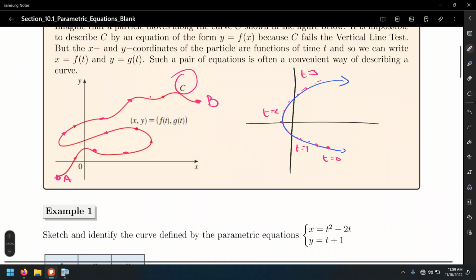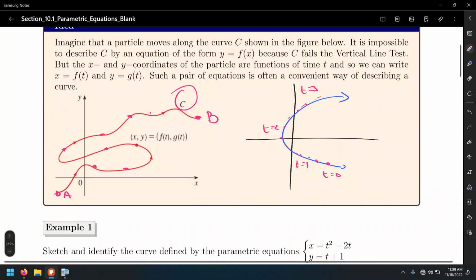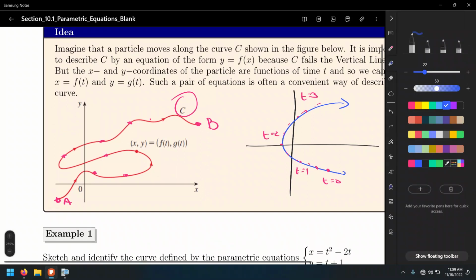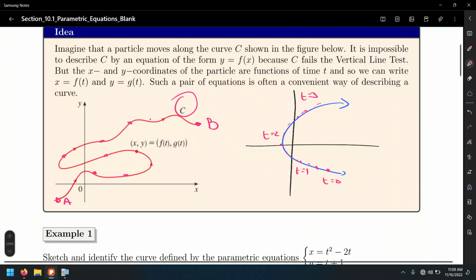Okay, now how are these equations going to look? Well, this set of equations is going to look like a system of equations in which x and y are both functions of time.